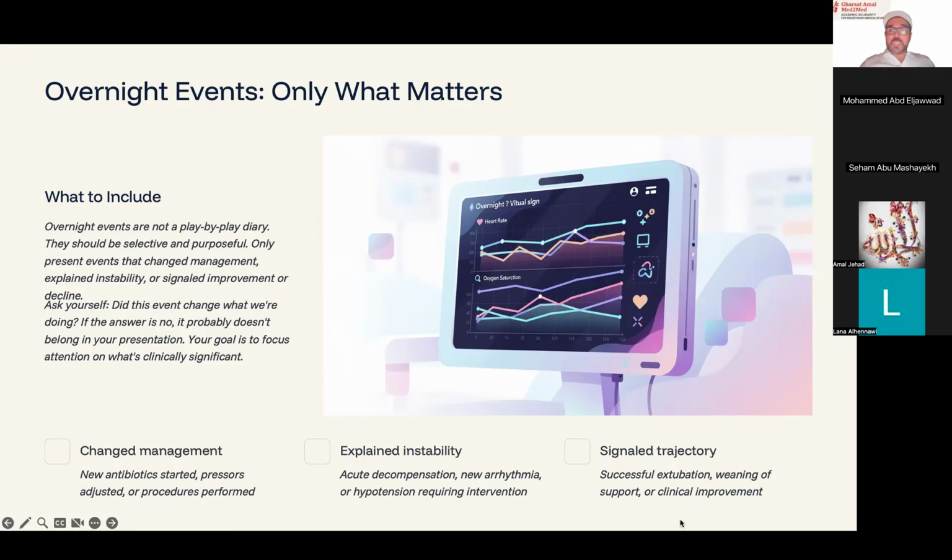And then the third one is signal trajectory. Have we taken the patient's tube out? Extubation. Have we reduced any medication that supports their blood pressure? Have we reduced the fluids?